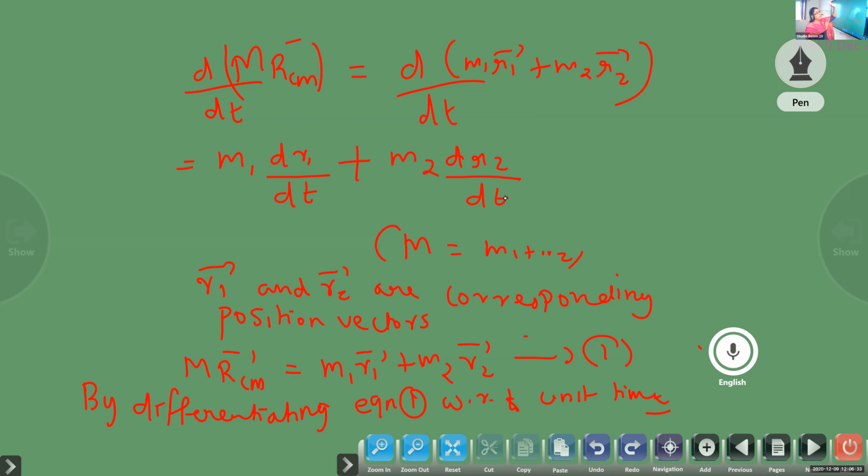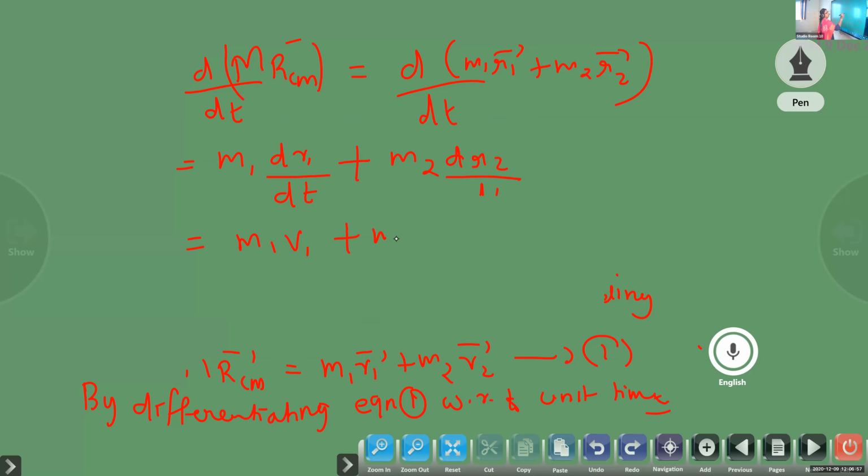But dM1 by dt is going to be 0, so that's why I am not writing the second term. I am writing only what is there, M2 into dR2 by dt. And what is this dR1 by dt? That is our velocity. So you can write M1 V1 plus M2 V2.